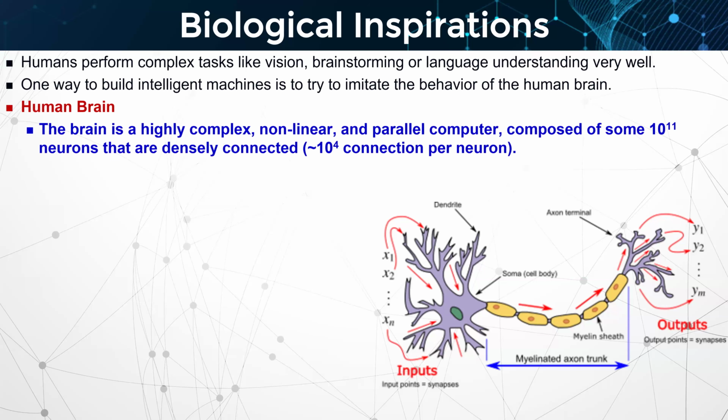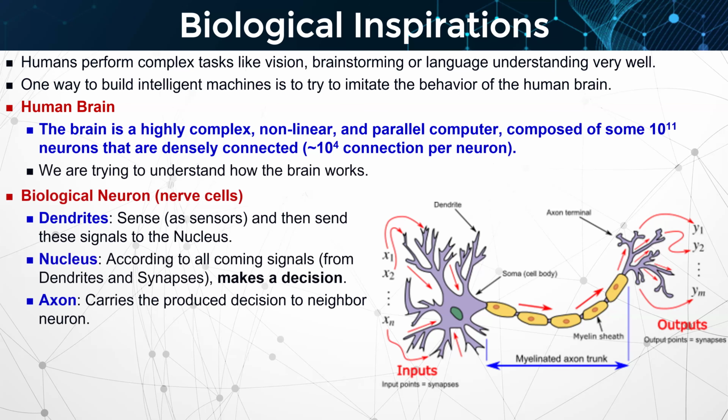from the data. The human brain is actually a highly complex, nonlinear, and parallel processing unit with a very huge number of connections between neurons or nerve cells. So we have three basic elements for a biological neuron or nerve cell.